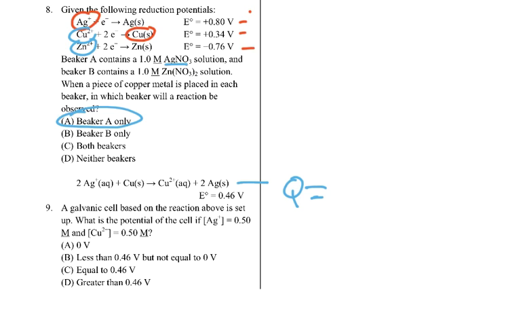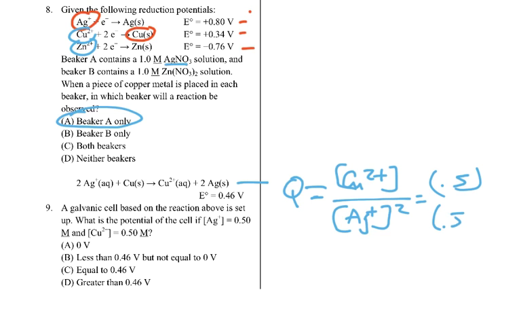And so it's going to be copper ion concentration divided by silver ion, products over reactants. And silver is squared, so this is going to be 0.5 over 0.5 squared, which is going to come out to be 2, because 0.5 cancels, 1 over 0.5, which has a value of 2.